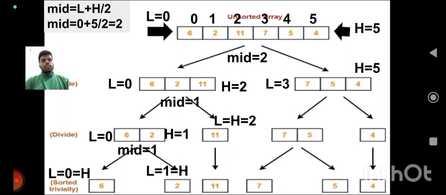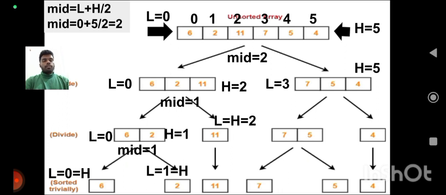And once we get the mid value, we can divide the array into left subarray and right subarray. The limits of the left subarray is 0 to mid, and the limits of the right subarray is mid plus 1 to high. So for the left subarray, L is 0 and H is 2, and for the right subarray, L is 3 and H is 5.